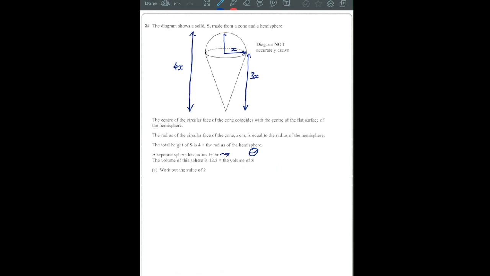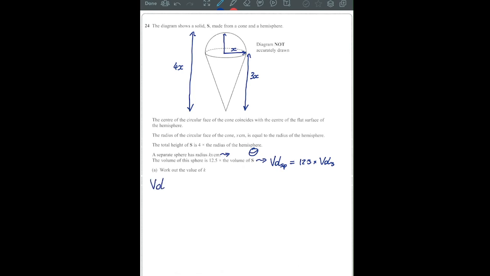Maybe it's fine. So lots of things to do. Our final formula is going to say that the volume of the sphere is equal to 12.5 times the volume of this cone thing, S. So I'm going to end up using that. But let's work out the individual parts first.